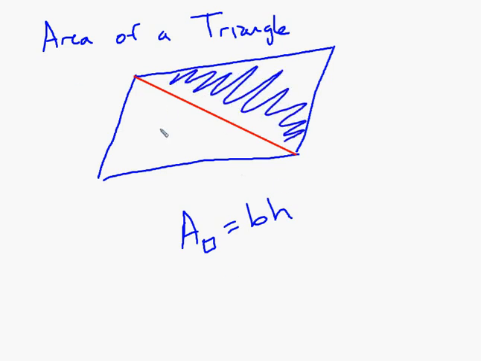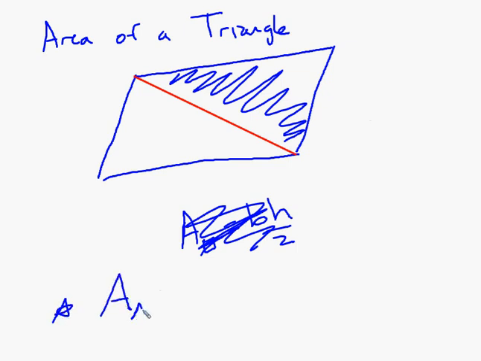So this is half of the whole thing. The area of a triangle is the base times the height divided by 2, because it's half of a parallelogram. You can show every shape is actually a parallelogram sliced up somehow, some way.